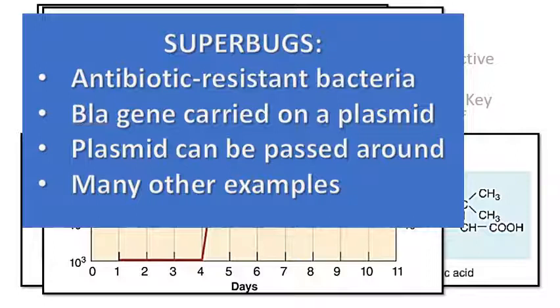There are many other examples of different antibiotic resistance mechanisms where the genes that encode the resistance are carried on plasmids, and so they can be passed from one bacteria to another. If you already have the gene, you're resistant, and then you can repopulate the area after all of your cousins that didn't have the resistance have been killed off.